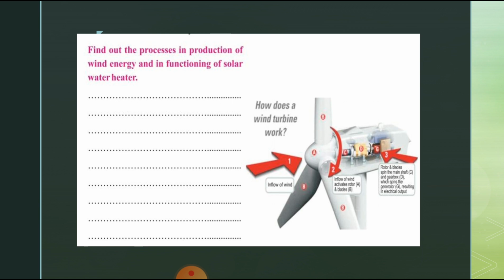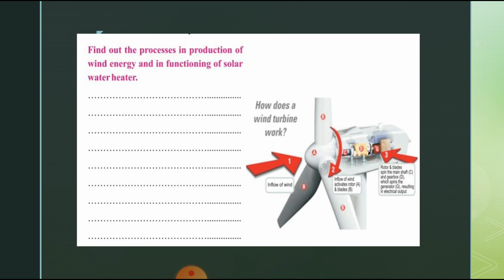Inflow of wind activates rotor A and blades B. It is written over there. The spinning blades are attached to the hub. The hub is attached with a low speed shaft, and they turn along with the blades. The rotating low speed shaft is connected to the gearbox, and it connects to the high speed shaft on the opposite side of the gearbox.